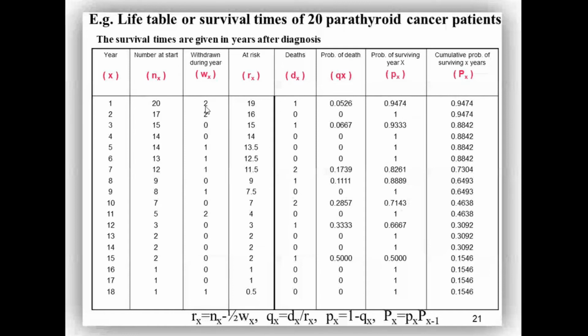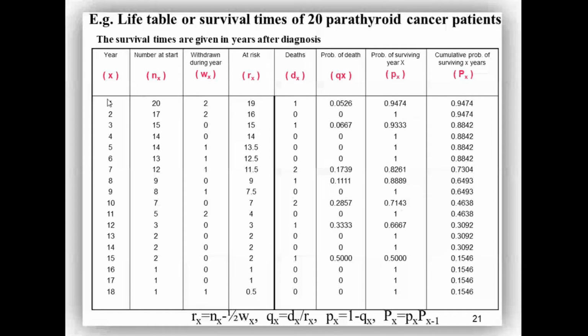Now, Rx is the number at risk. So let's see how to calculate all this. In year 1, or at the baseline, or at the origin, we have 20 individuals. Of these 20 individuals, 2 were withdrawn within year 1.